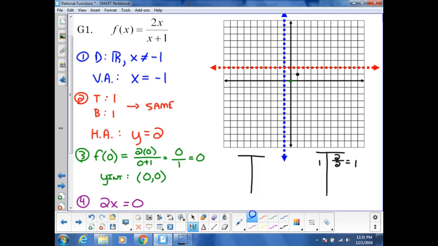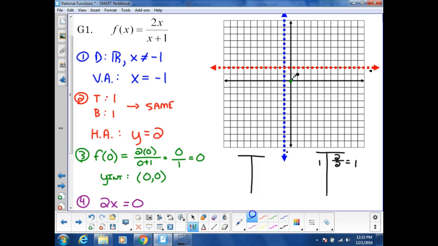So my function goes through those 2 points. Do you see kind of how that function is going to be curving? Because remember, it can't cross this vertical asymptote. So my function is probably going to start up here at positive infinity and come down, make this curve through here, and then end up down there.